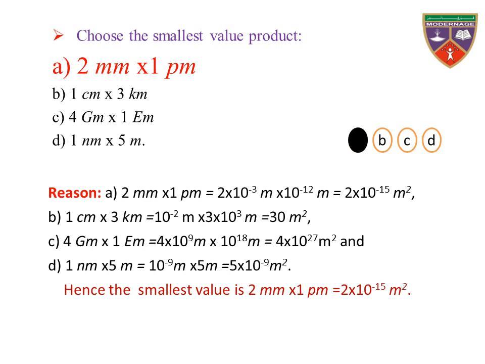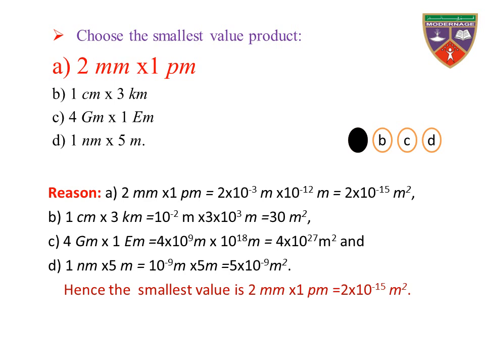B option: 1 centimeter into 3 kilometer is equal to 10 power minus 2 meter into 3 into 10 power 3 meter, which is equal to 30 square meters, because 1 centimeter is 10 power minus 2 meter and 1 kilo is 10 power 3.